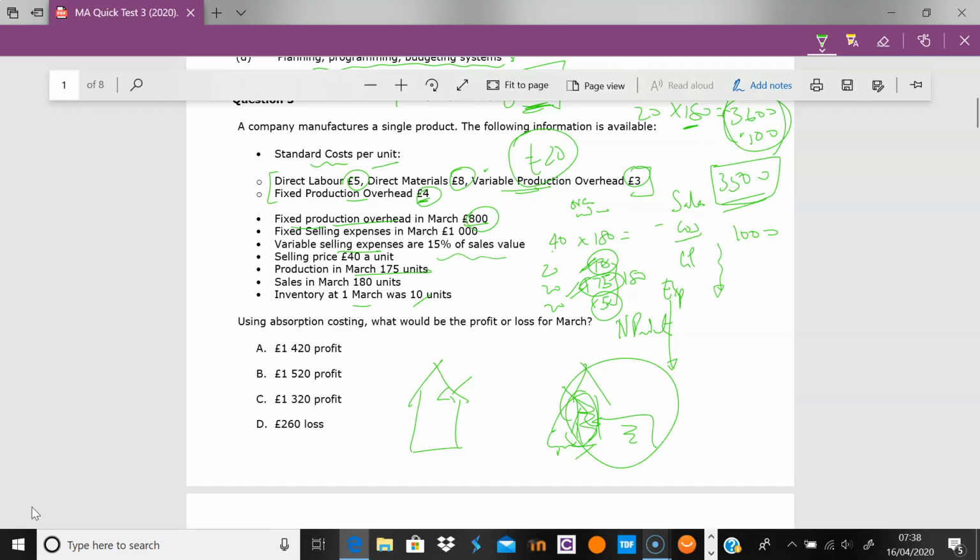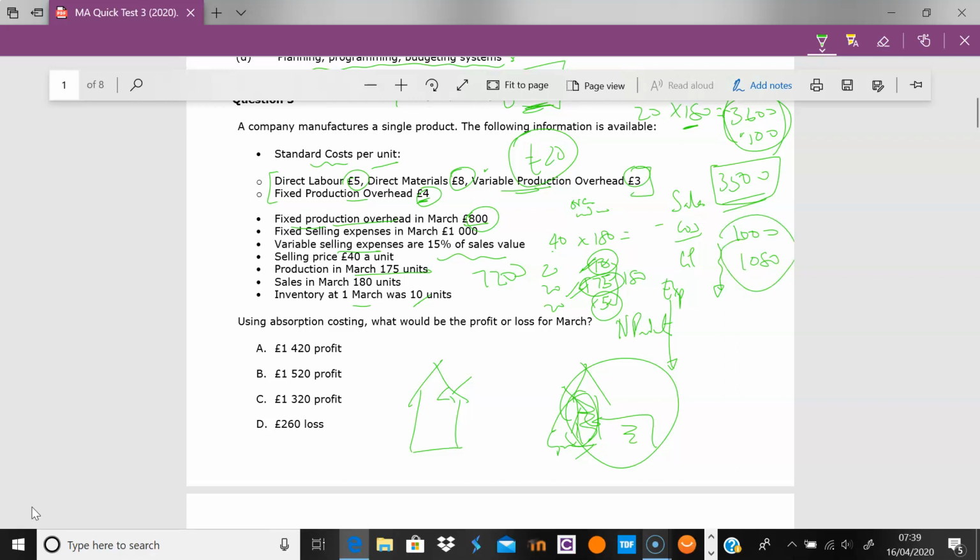So it tells me it's 15% of sales value, and my sales value was 7,200. So 15% times 7,200 is 1,080. So when I now have these two together, that's it really, I think.